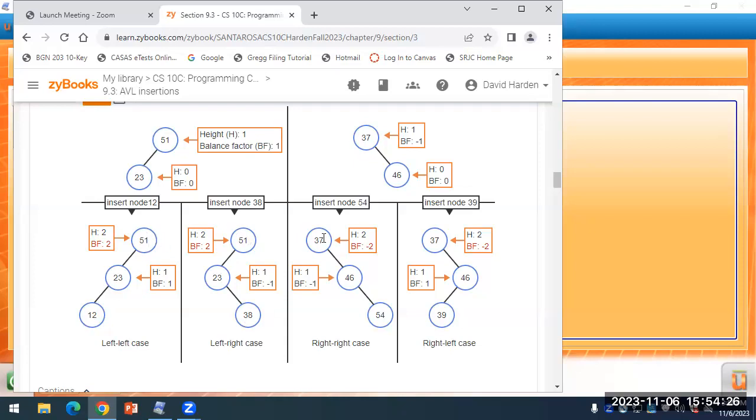You're adding something at the problem node's right child. You're adding something at the problem node's left child, right? These two, the second one and the fourth one, require double rotation. So for example, this one, the insertion is on the right side of the tree, so I have to do a right rotation at the 46 before I do the left rotation at the 37.